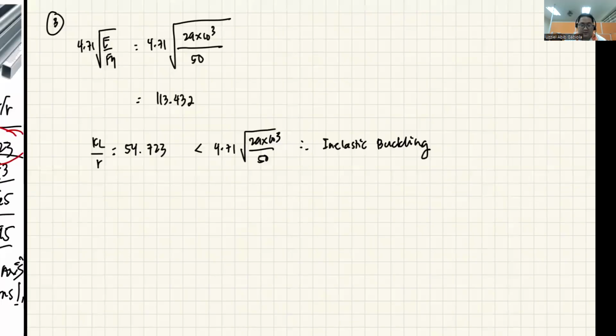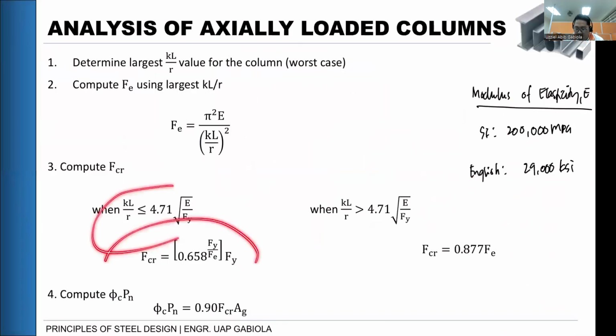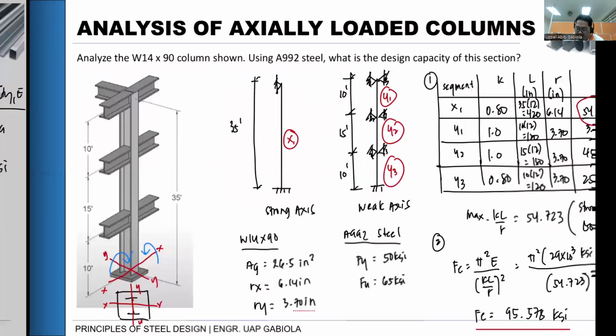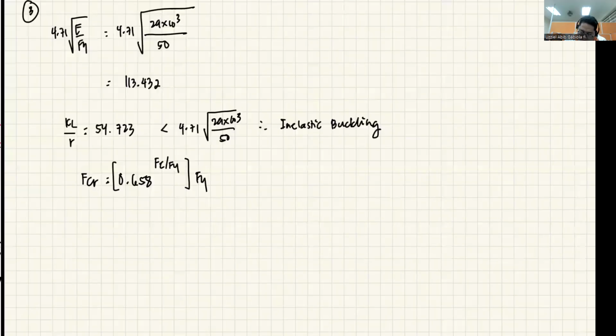Okay? So, pag inano natin, ang Fcr formula natin will be equals to, inelastic tayo, so less than, so this is yung equation na gagamitin natin. Okay? 0.658 raised to Fy over Fe, times Fy. So, substitute natin. So, we have 0.658.